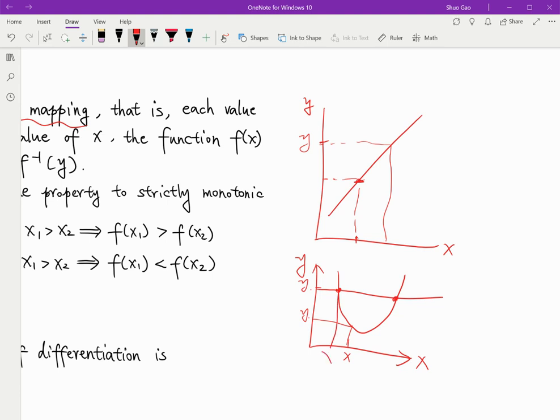We have two x values, x1 and x2 here. So in this case, this is not a one-to-one mapping, because for each y, there may be two x values that are mapped to the same y. So only this kind of linear function or similar function is a one-to-one mapping.